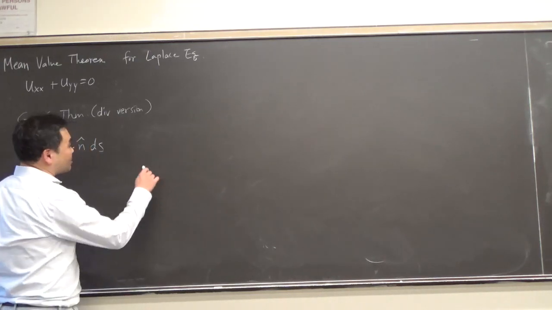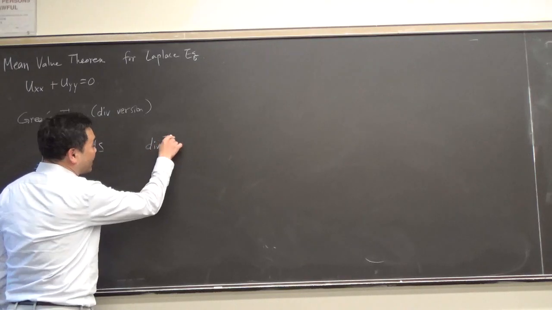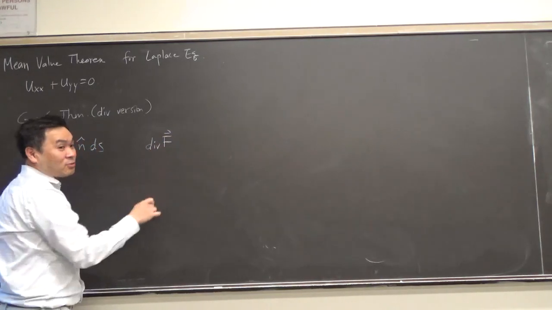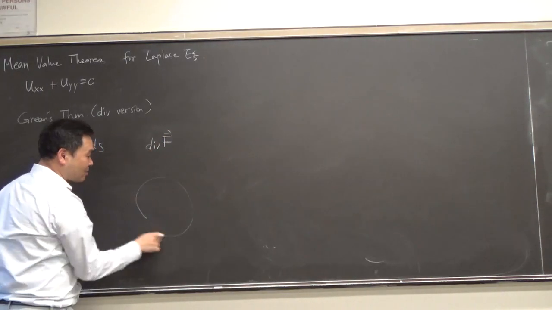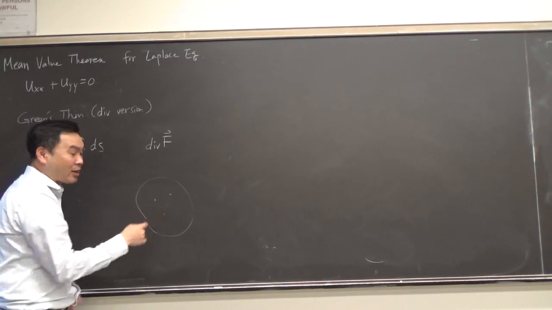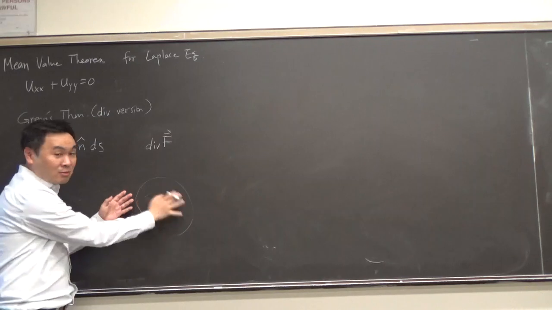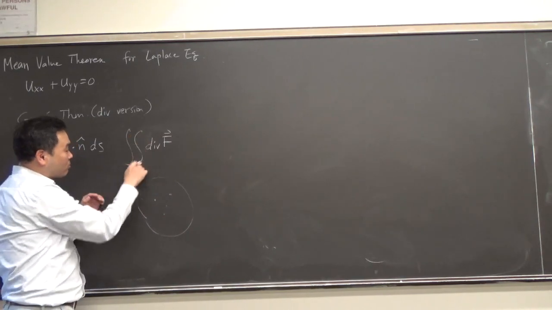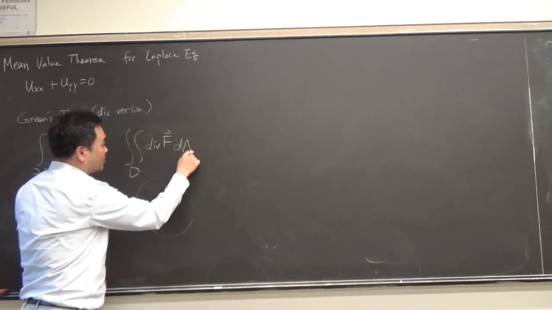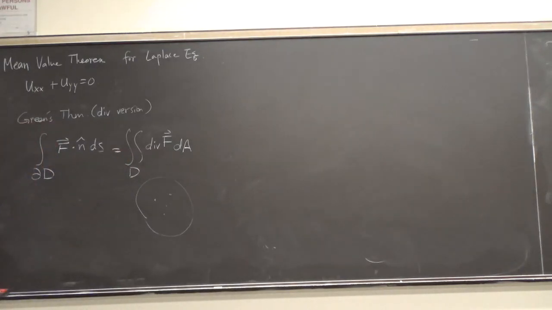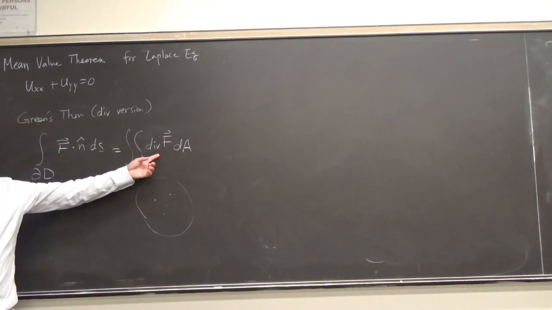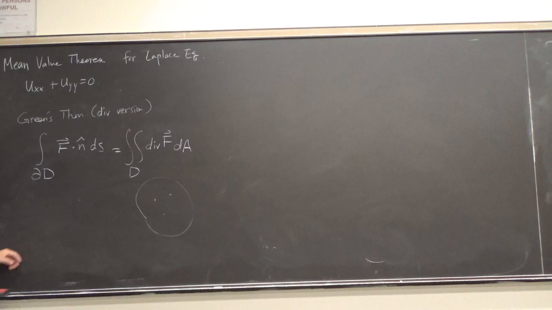And what it means is that the divergence of F is like the flux at a point. So inside this domain, at each point, you either have vectors spreading out from it or going in. So if you add them up all over the domain, then they're the same, because one side is the density of the flux.